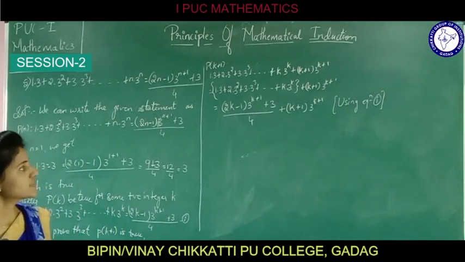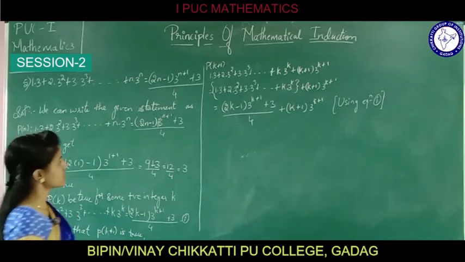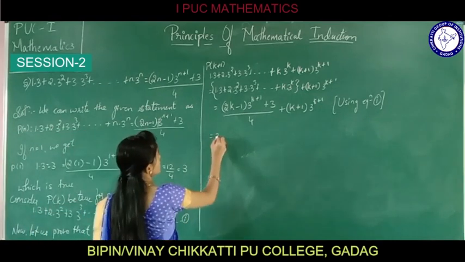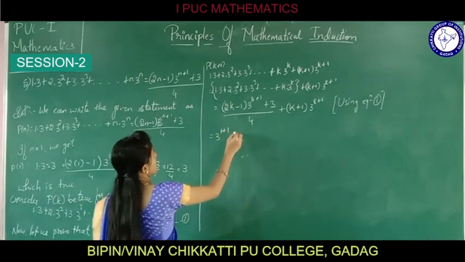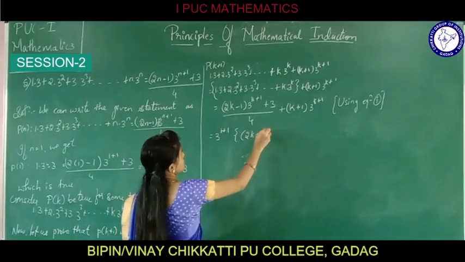Taking out 3 raised to k plus 1 as common, I am left with 2k minus 1.